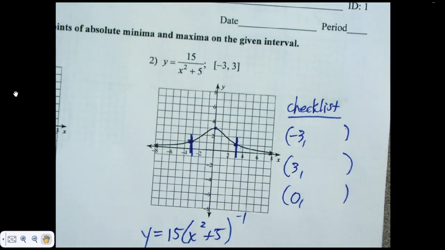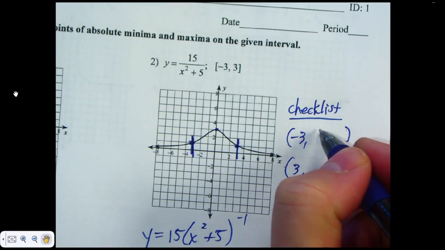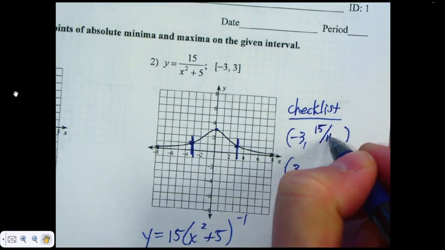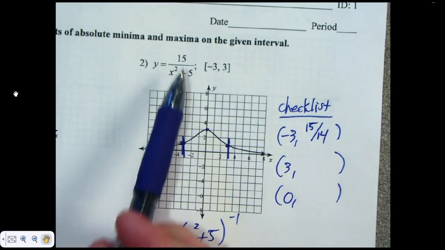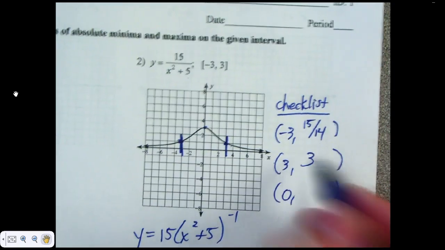What do we do with each of those things? Plug it back into where? The original, because we're looking for y values here. And then we compare. So if I plug in -3, I get 15 over 14. If I plug 0 in, I get 15 over 5, so 3.